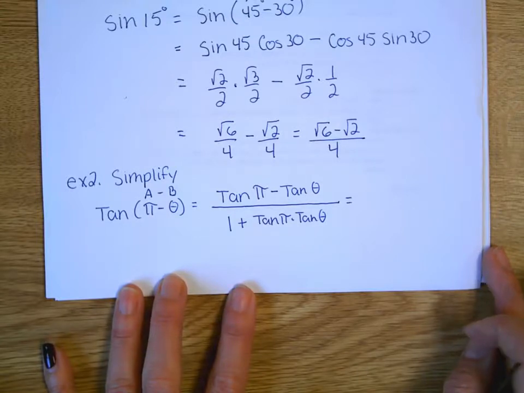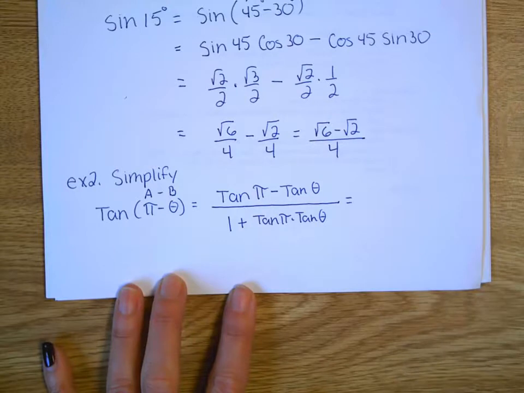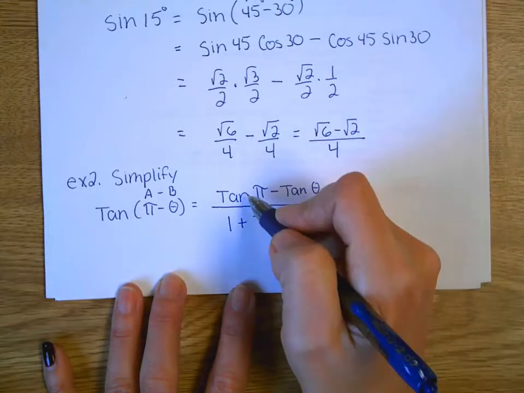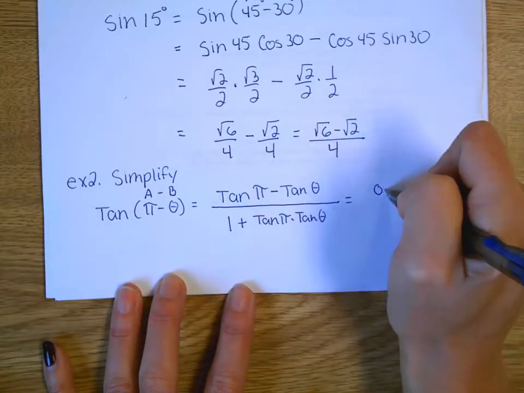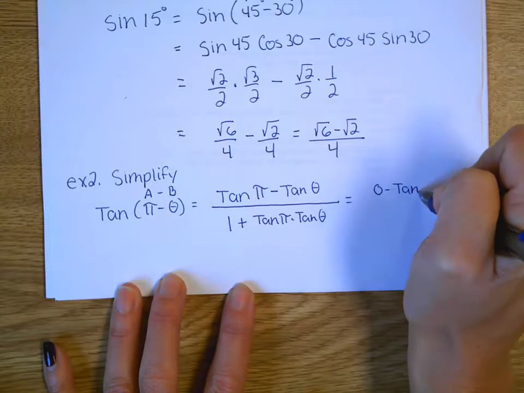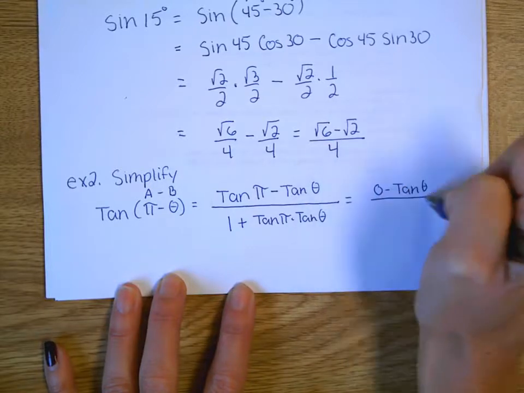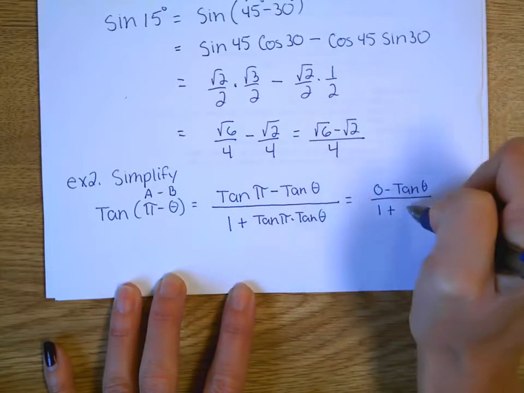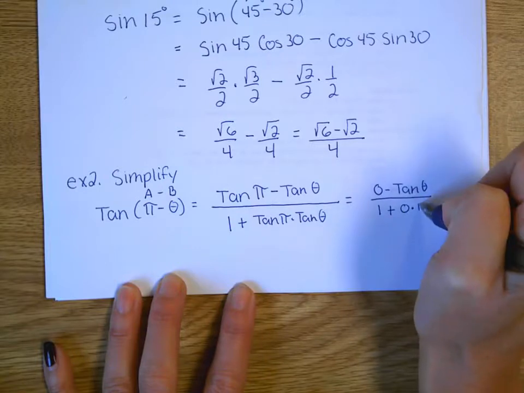Everybody find it on their circle sheet? Pi is over at 180. The tangent should be handwritten there. So the tangent of pi is 0 minus tan theta over 1 plus 0 times tan theta.